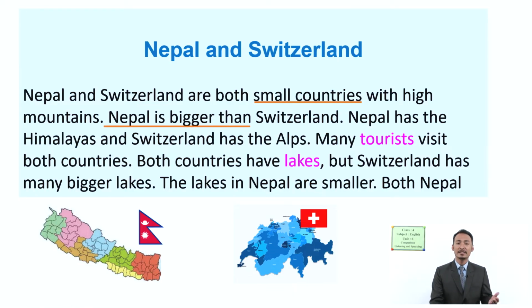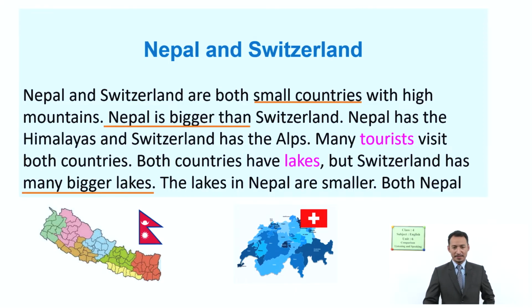And we have bigger here than Switzerland. Nepal is bigger than Switzerland. And we have again another comparative word, again the same word, bigger, lakes. So what is the comparison here? The lakes are bigger in Switzerland and Nepal is bigger than Switzerland. Okay, students? So that's the comparison showing the sizes of the country and lakes.